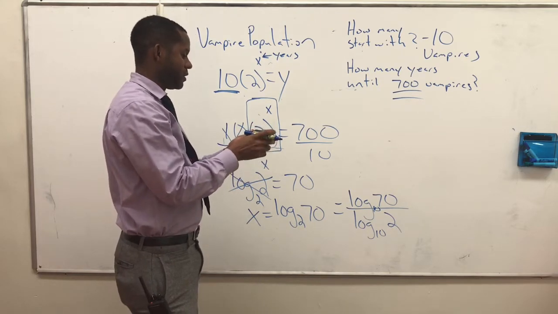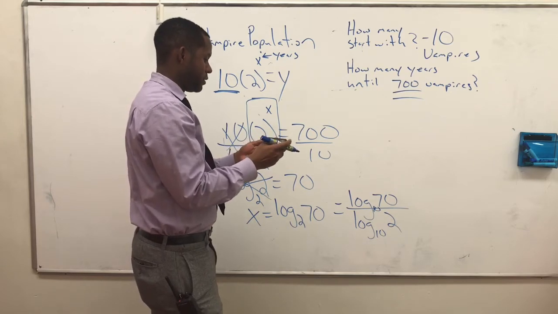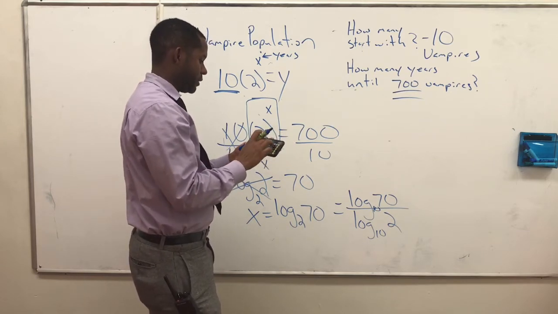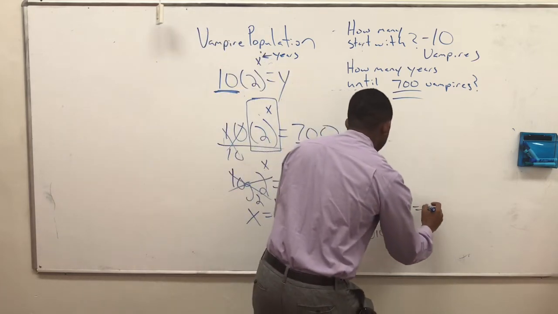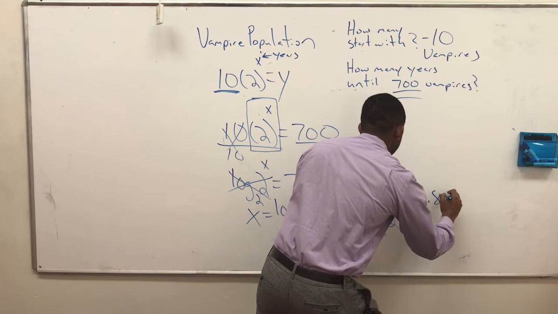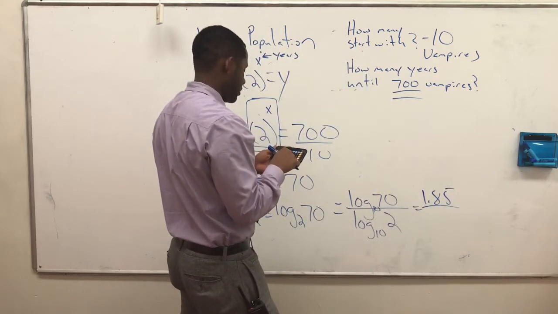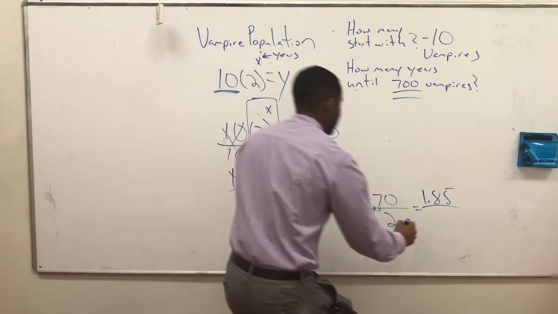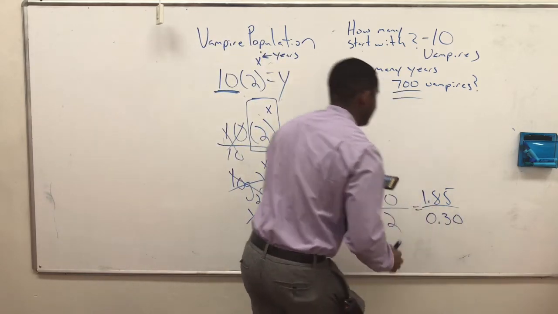All right, so let's see. Log 10 of 70. Ooh, that's not what I wanted. Just kidding. 70 log base 10. So log 10 of 70 is about 1.85. And the log 10 of 2 is 0.30.